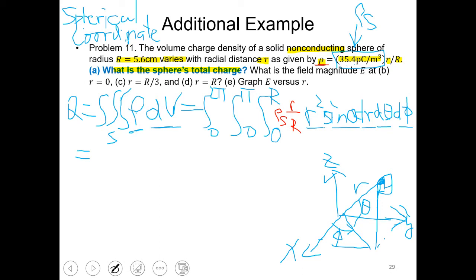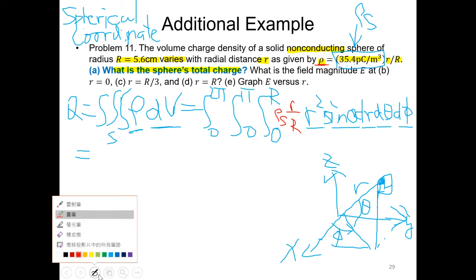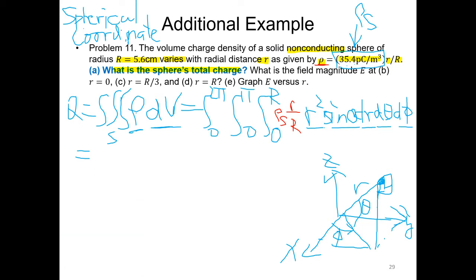And you can see that this integration is easy because you can separate the variables, which means that we can actually separate them. So first of all, rho s is a constant. Capital R is a constant. So we can just push it out.